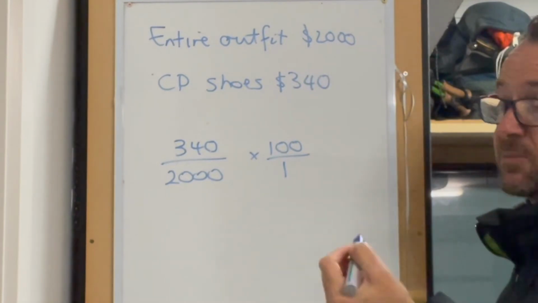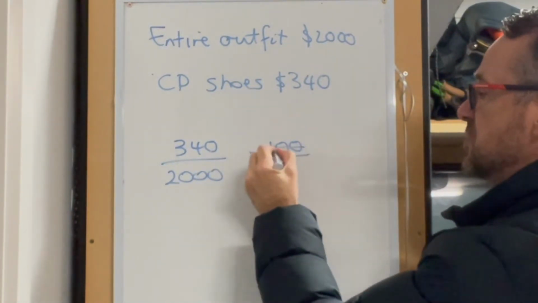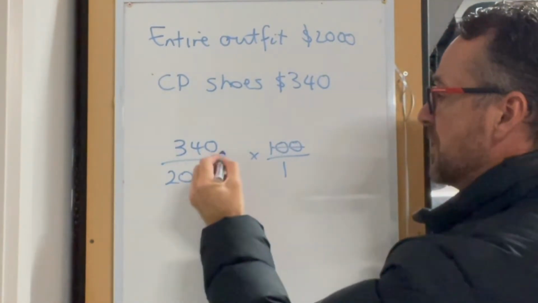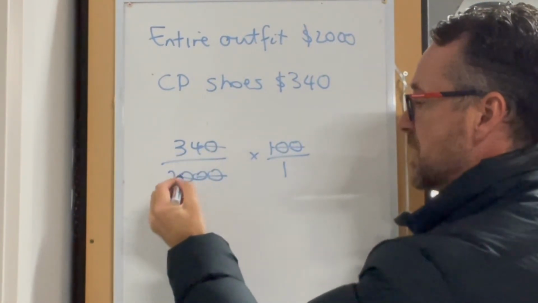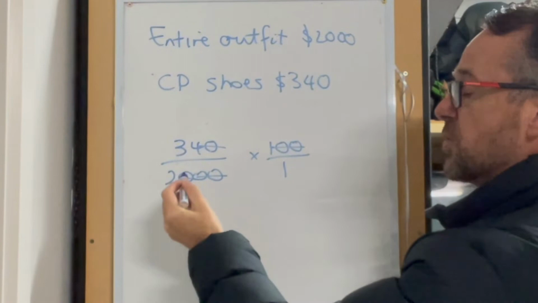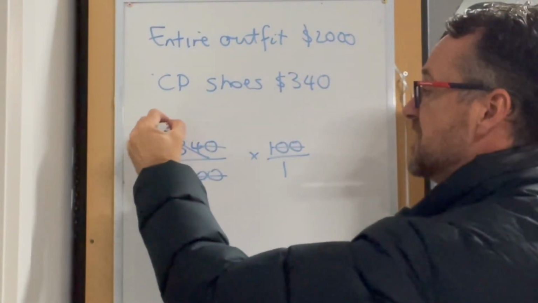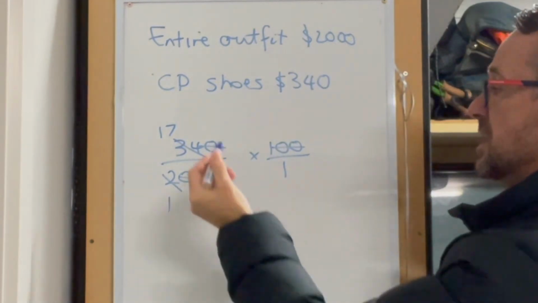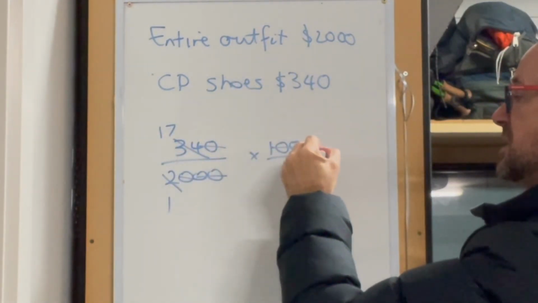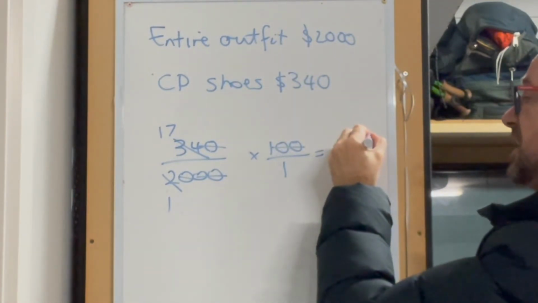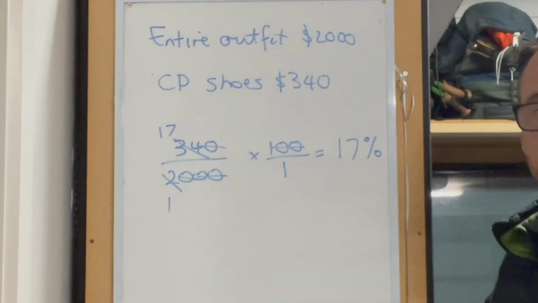Just like in the previous couple of questions, we have the 2 zeros here, we can cancel the 2 zeros there, and we have 1 0 there, we can cancel 1 0 there, and then we have 34 over 2. 2 goes into itself once, 2 goes into 34 17 times. So now we end up with 17 multiplied by 1 is 17, and 1 times 1, so we can ignore that, and that gives us 17, and it's a percentage that we're being asked for.